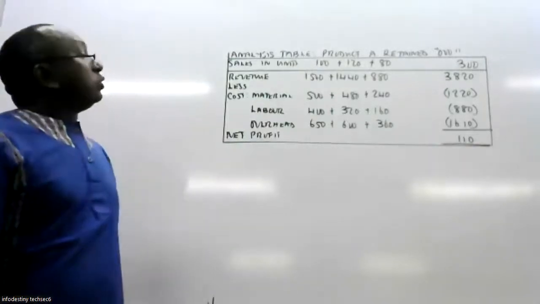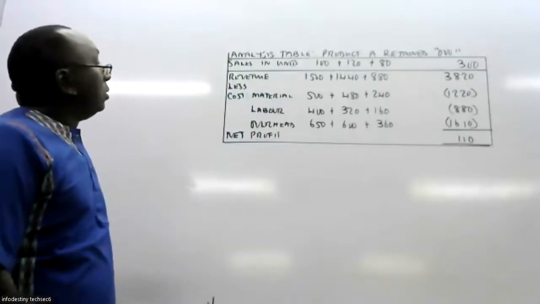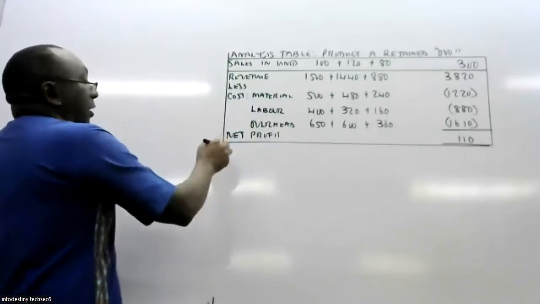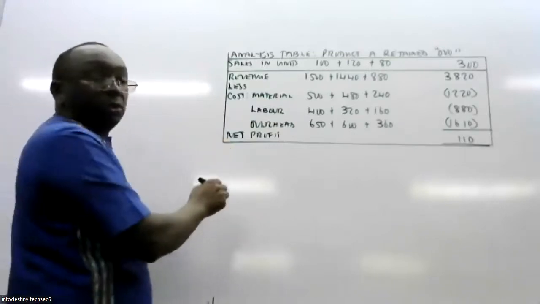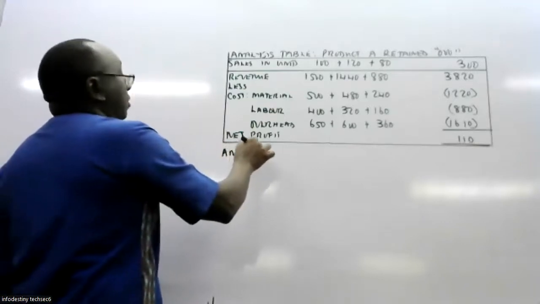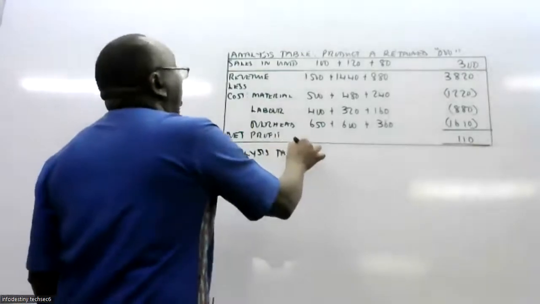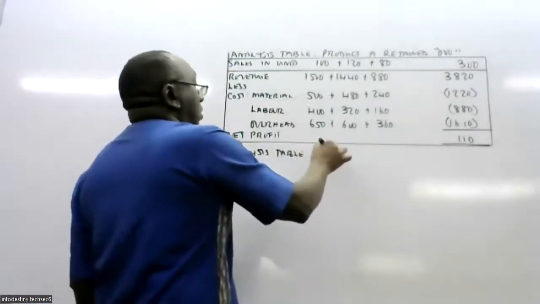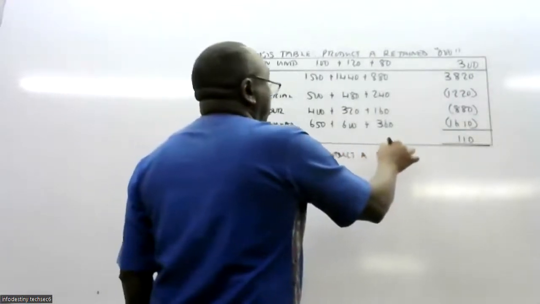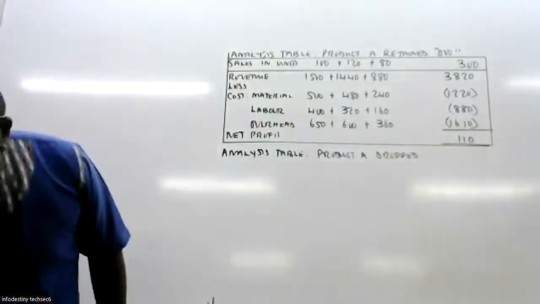Now for us to go to the next option, we will need to say analysis table. Product A dropped.